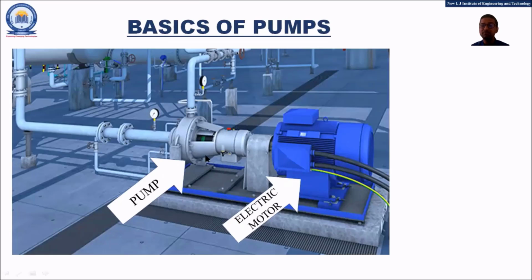So the pump shaft will be rotated, the pumping action will take place, and finally the liquid can be transferred from one place to another place. This line in the image is the suction line, and this is the delivery line. That means the inlet of the liquid takes place from this pipeline, and the delivery of the liquid takes place from this side. This is just for understanding the concept of the pump.